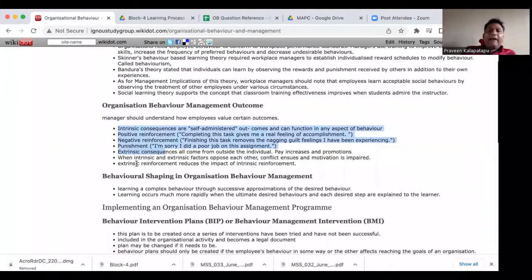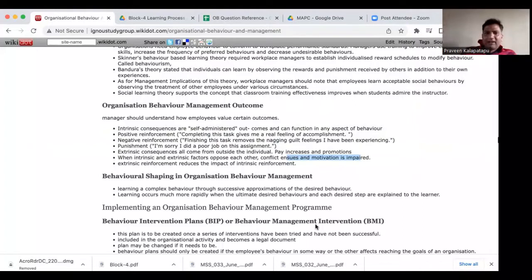Something to remember is there could be a conflict between intrinsic and extrinsic factors. When that happens, motivation is impacted in a big way. For example, a company might be giving a good salary for a job which you are not happy with, because it's a very boring job.